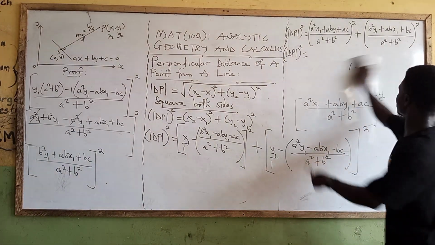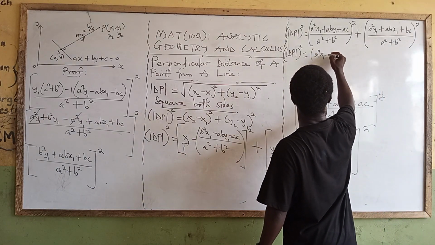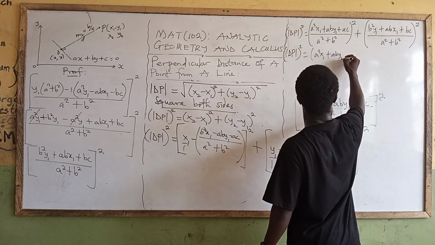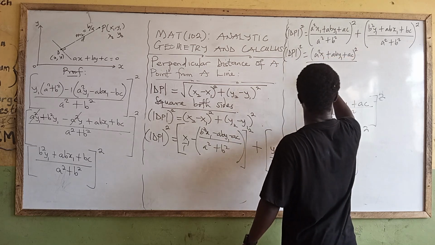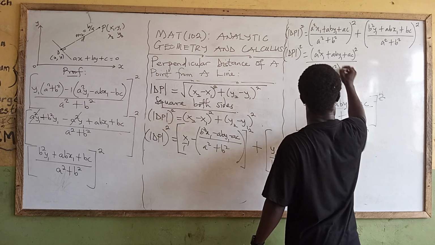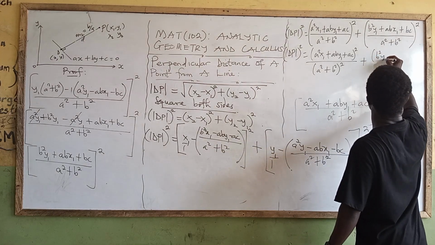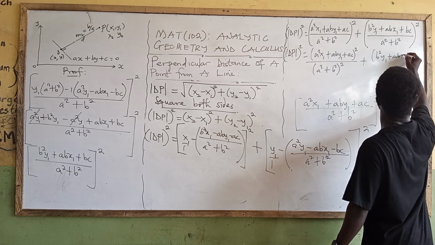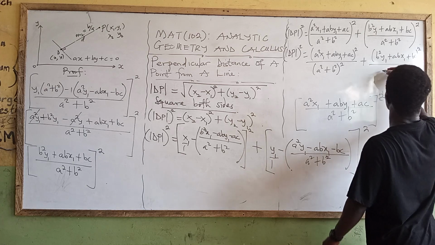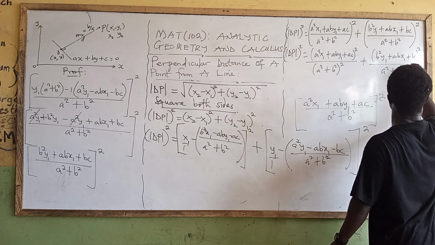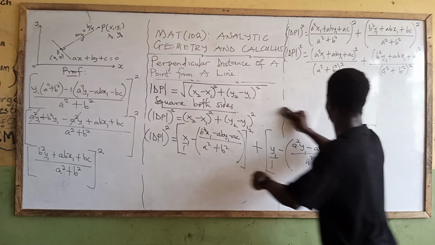So I get a squared x1 plus aby1 plus ac all squared divided by a squared plus b squared all squared, plus b squared y1 plus abx1 plus bc all squared divided by a squared plus b squared all squared. So let's clean this off.